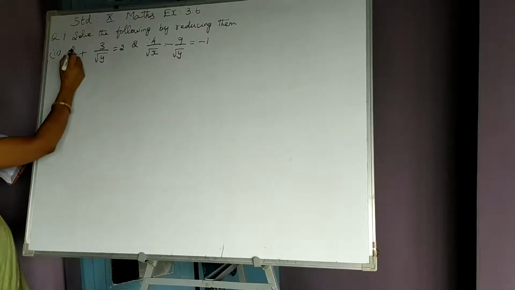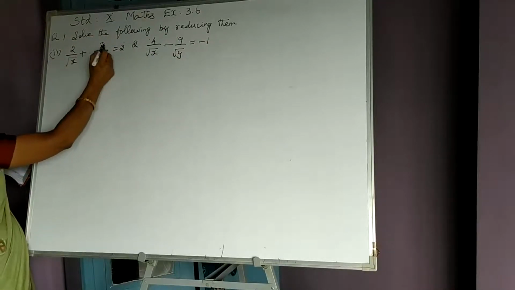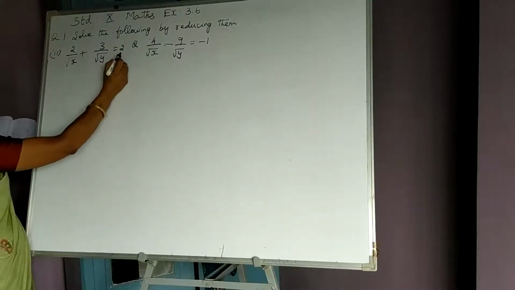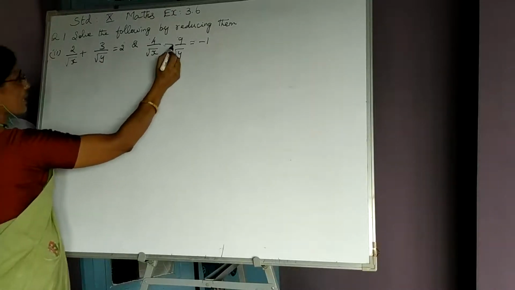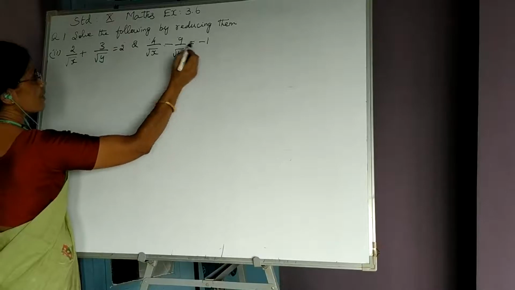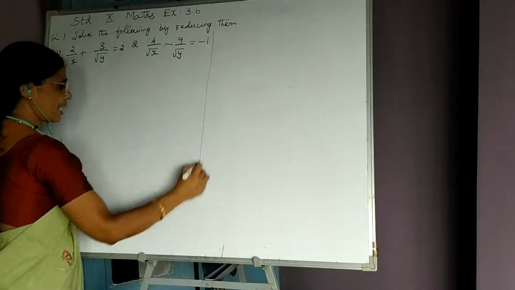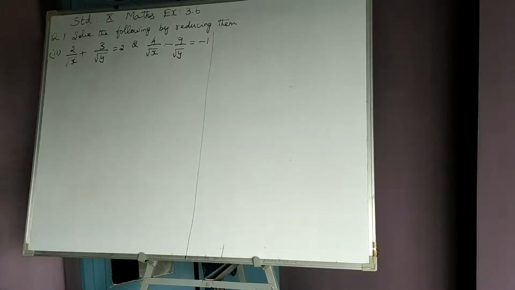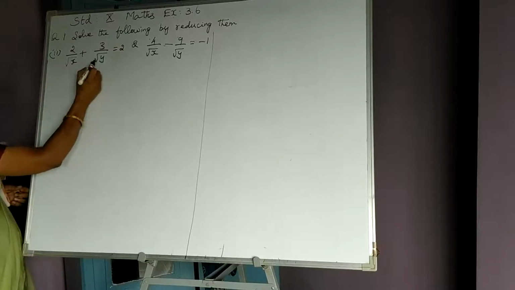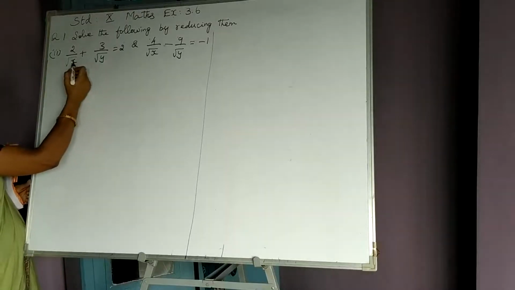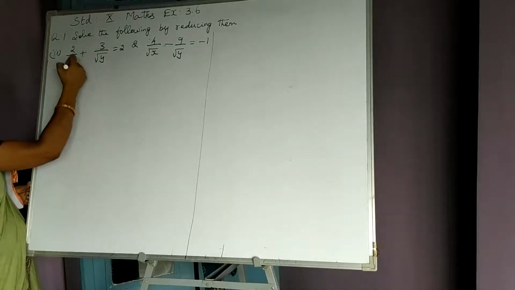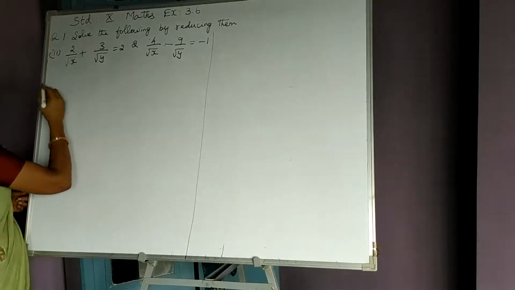You can say 2 upon root x plus 3 upon root y is equal to 2. 4 upon root x minus 9 upon root y is equal to minus 1. Like the previous sum, here also you can see the variables x and y are in the denominator. Therefore again, like the previous sum, by giving proper substitution, we are going to find out the values of x and y.